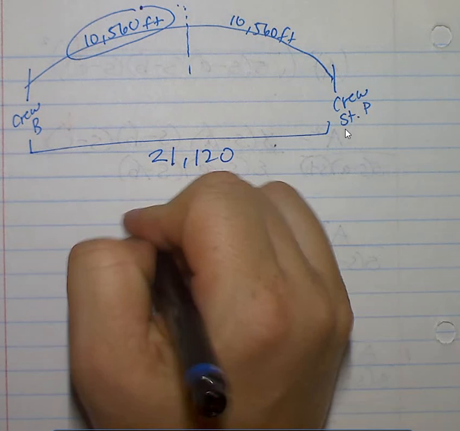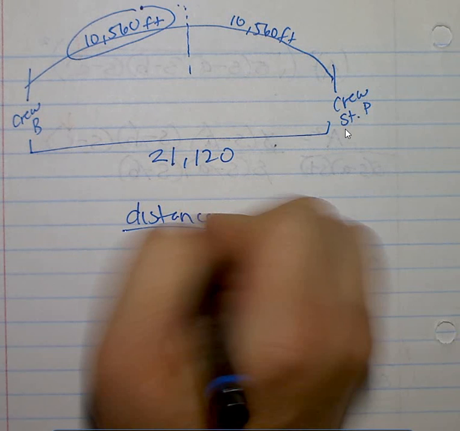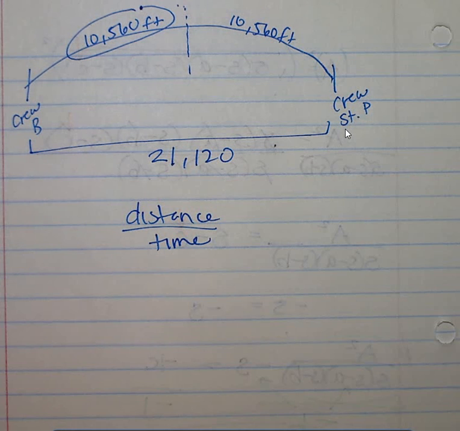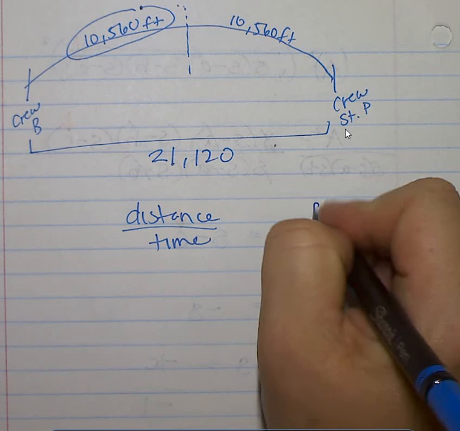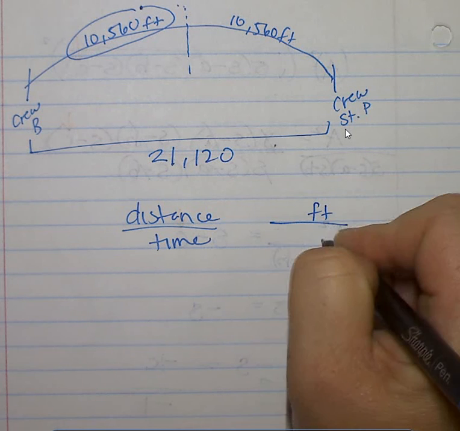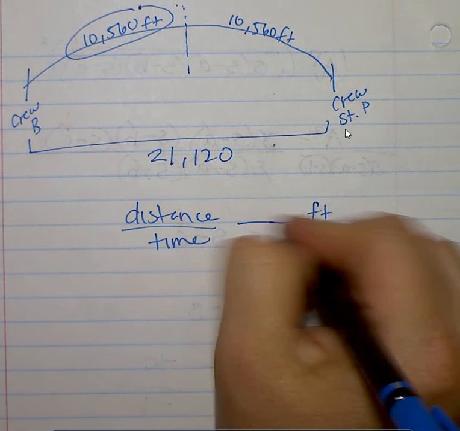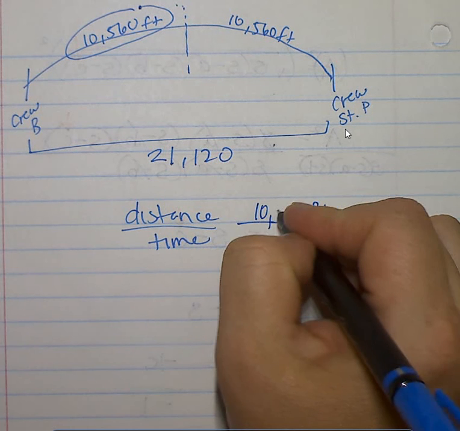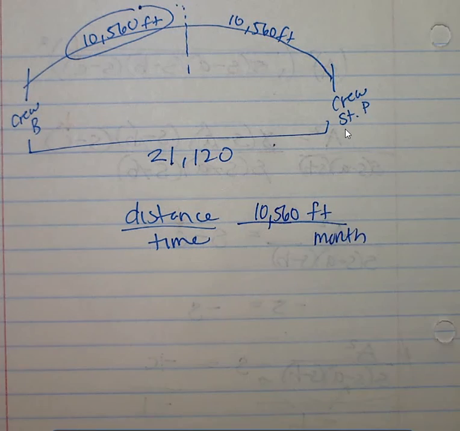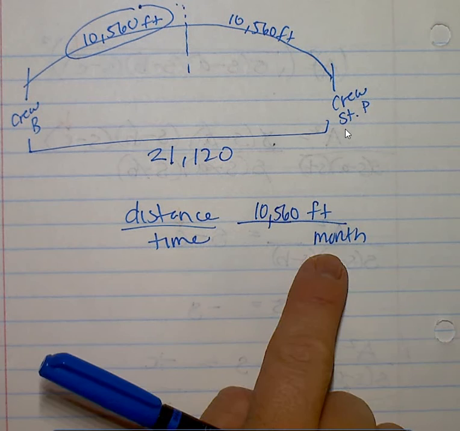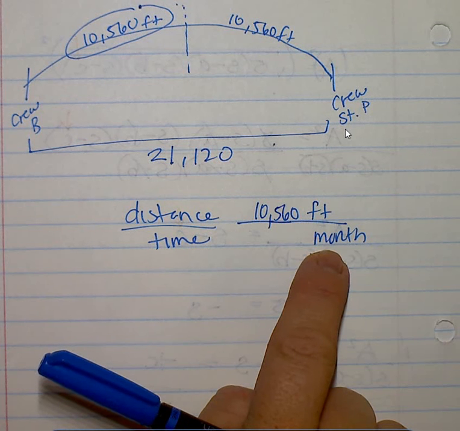We want to determine the average number of feet per month, so the distance is in terms of feet, and the time is in terms of months. We've already figured out that it's halfway, so the distance is 10,560 feet, but it takes 5 years for them to complete that portion. The units they want us to answer in are months.